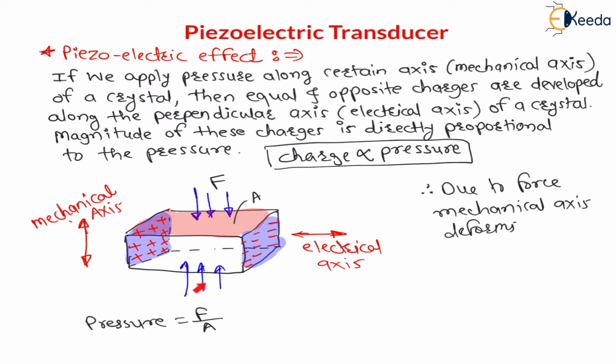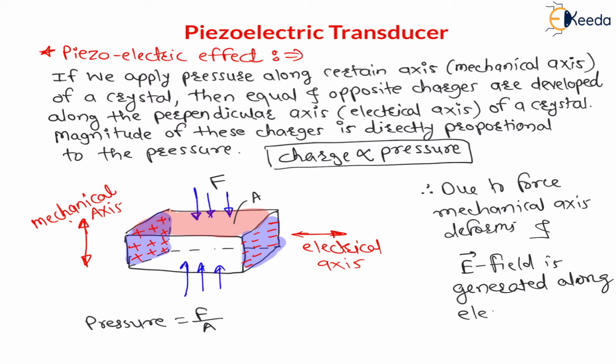If it is compression, for such a type of loading the mechanical axis will contract, right? And the charges are produced like this, and the electric field, or simply E field, is generated along the electrical axis, right?